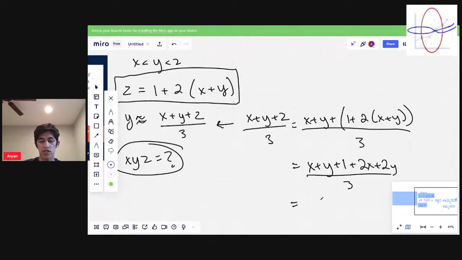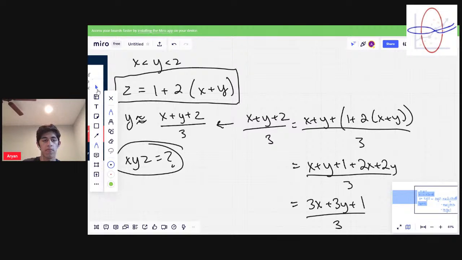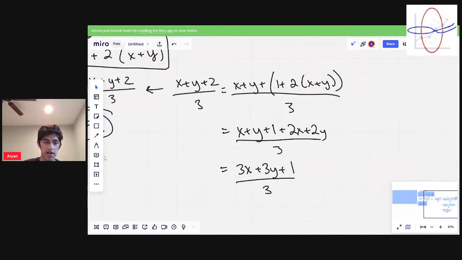Now the x and the 2x become 3x. The y and the 2y become 3y. So you have 3x plus 3y plus 1 over 3. And now this is kind of nice because we could write this as x plus y plus 1/3.